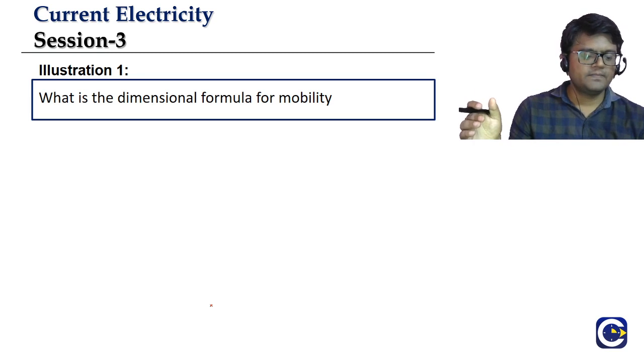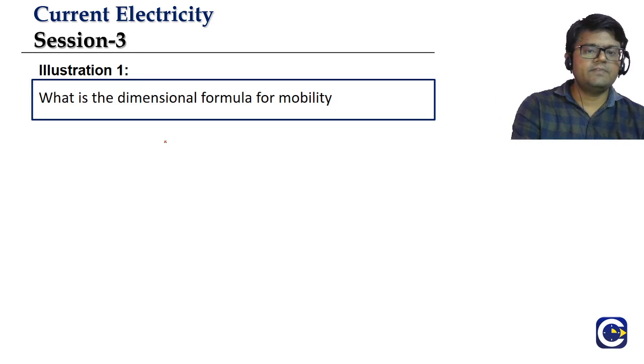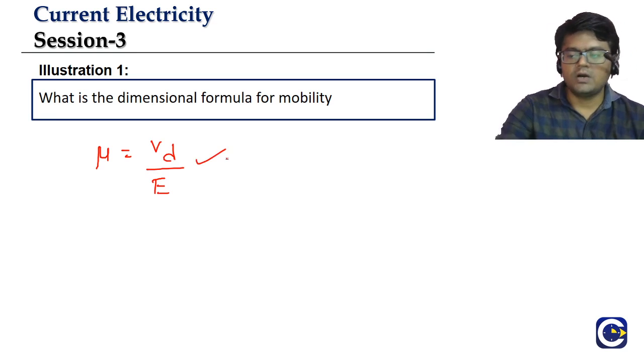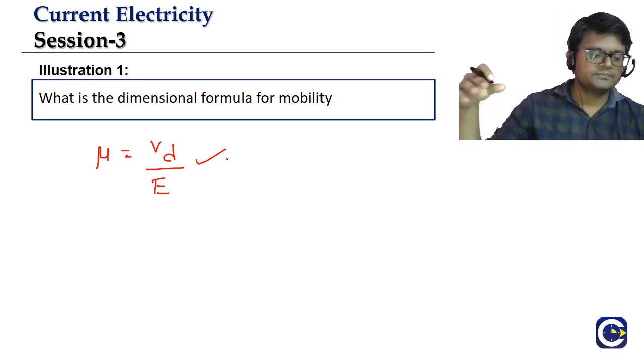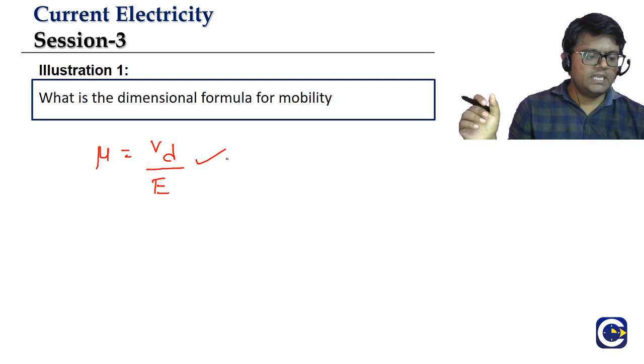How do we do it? We have to look at the basic definition of mobility. What is the equation from where we can derive the dimensional formula? Mu, mobility, is equal to drift velocity by the applied electric field. We can use this formula. Drift velocity divided by applied electric field. Check it, guys. Is anyone able to get the answer?